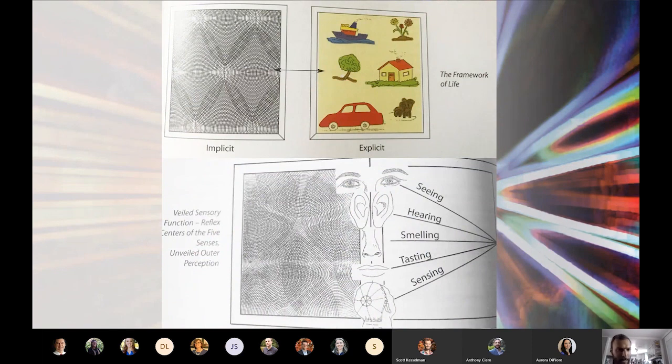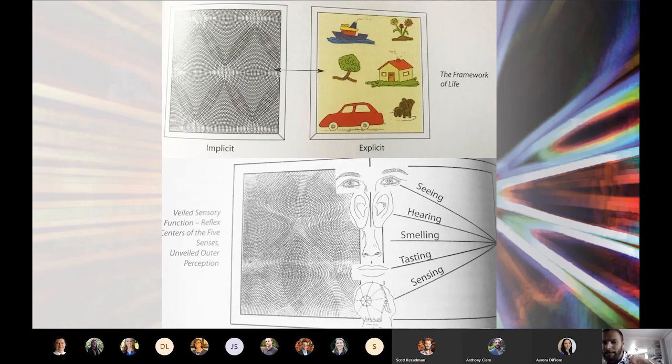I just wanted to throw this in here because it's kind of an example of everything I'm trying to convey. So in one of Mandel's books, he talks about implicit and explicit, this framework of life. So really everything is waves. We're not seeing the implicit, that's what our eyes are taking in, and the explicit is what our brains are processing to show us.